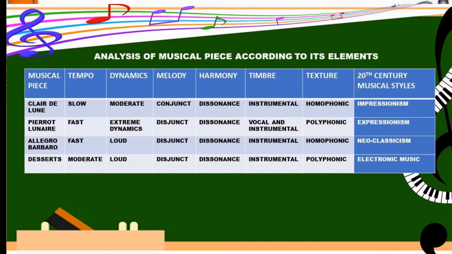Let us now analyze the following musical elements present in Desert. Well, the tempo is moderate, and if you try to listen to the dynamics of the song, it is loud. The melody is disjunct, and the harmony is dissonance because it creates a harsh sounding harmony.